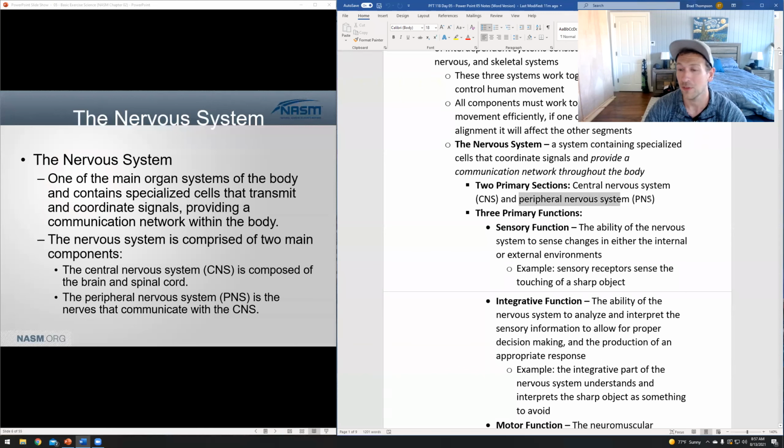And then you've got your peripheral nervous system, which is all of the nerves that are branching out from your central system. So if the central nervous system is the brain and the spinal cord, right? And that's the decision maker. Well, obviously, the decision maker isn't the one doing the lifting, and so that is where your peripheral nervous system comes in.